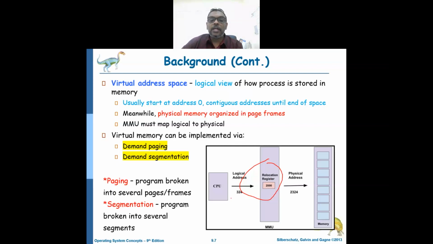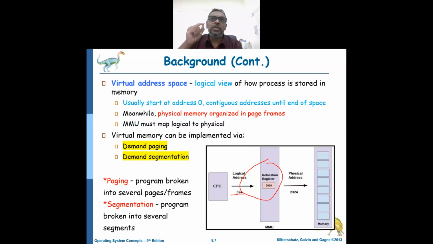Whatever address comes out of the CPU, because the CPU does not know whether the file is inside the physical memory or the virtual memory, it simply comes up with an address. So the relocation register will do some calculation. In this case, it's just 2000 plus 324, and you will get a physical address to locate where the file is inside virtual memory.